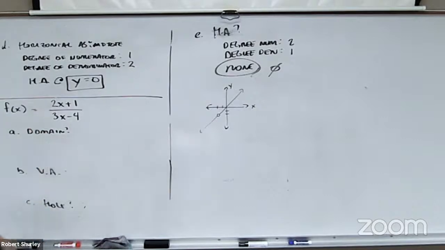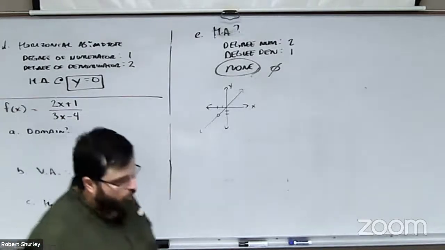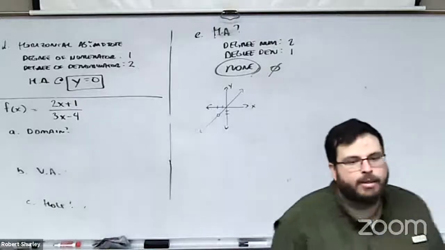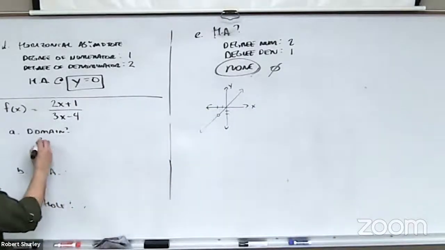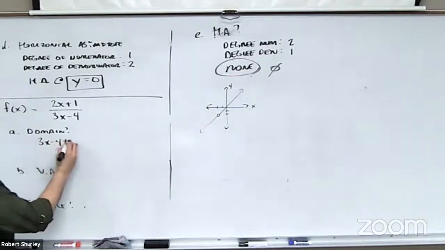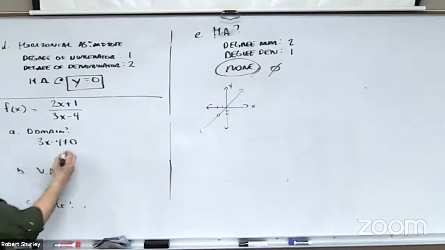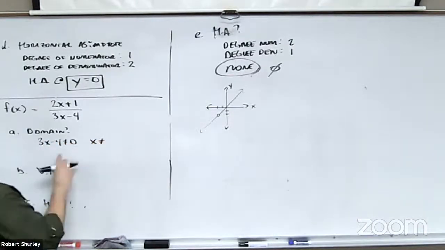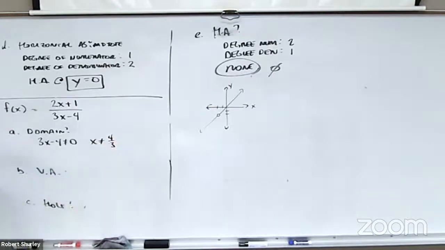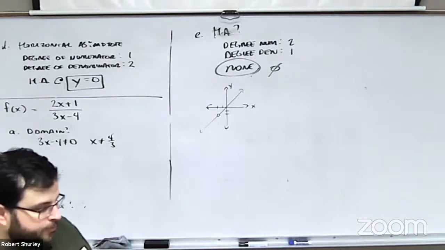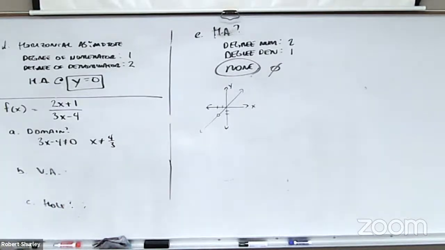I'm going to do the same exact thing and find the domain first. 3x minus 4 can't be equal to 0. So add the 4, divide by 3. We find out that x cannot be 4/3.